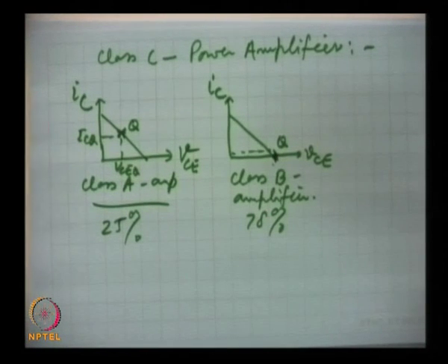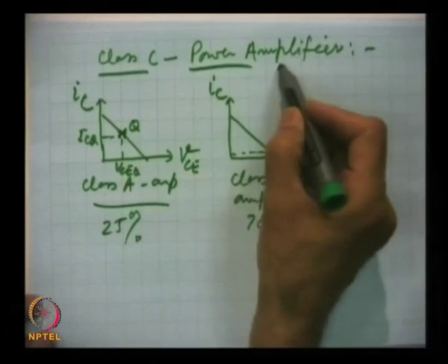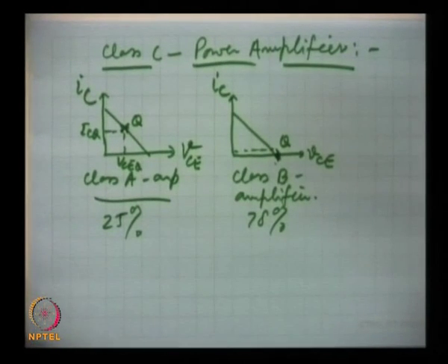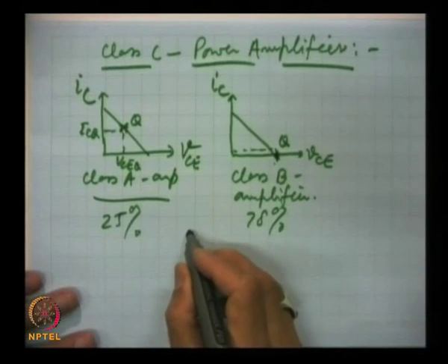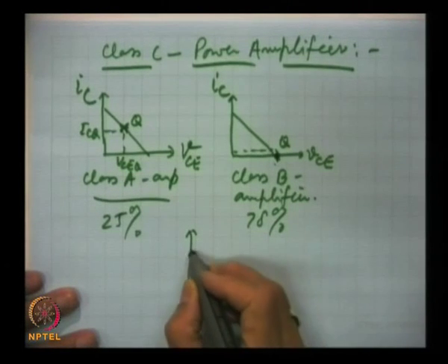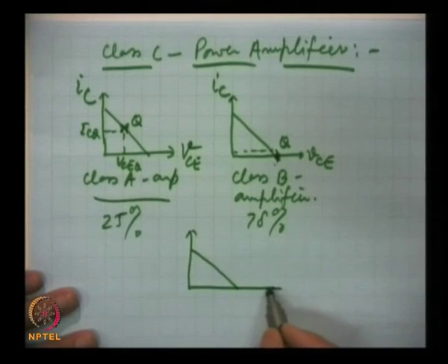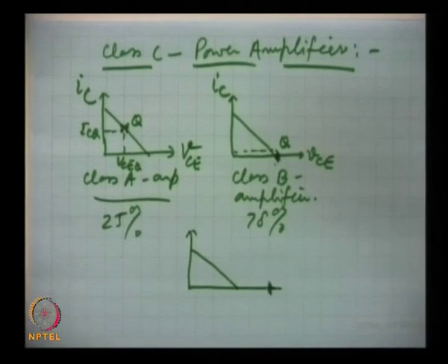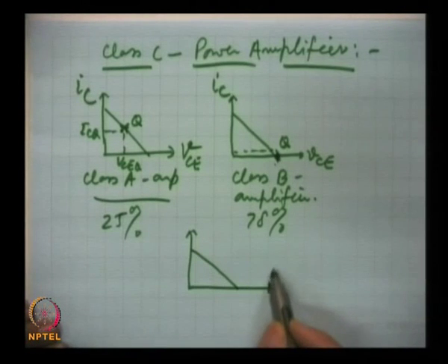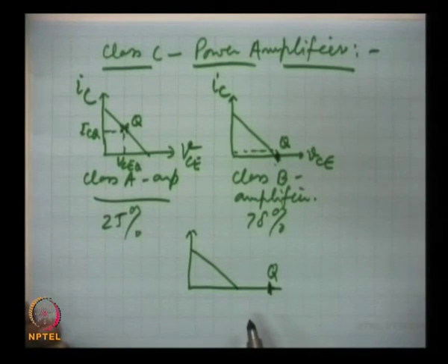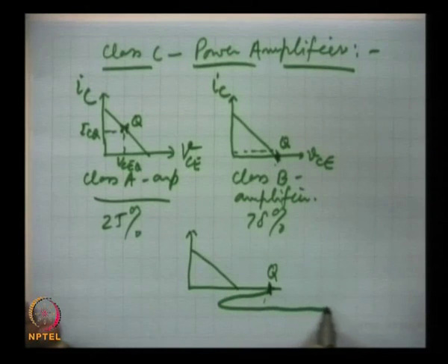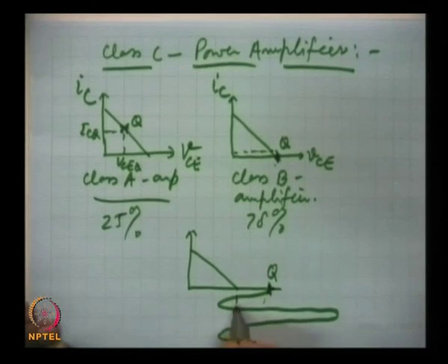In class C operation, which is now under discussion, we choose the operating point far away from the cutoff region. That means this is the line, and we bias such that this is the operating point, we shift it here, so that the conduction will occur only when the high pulse comes, only for this portion.